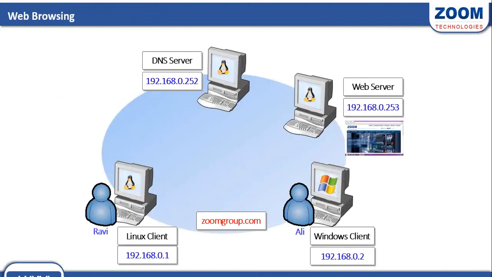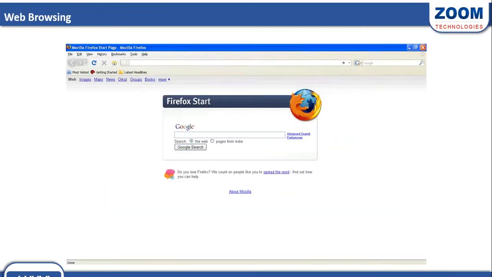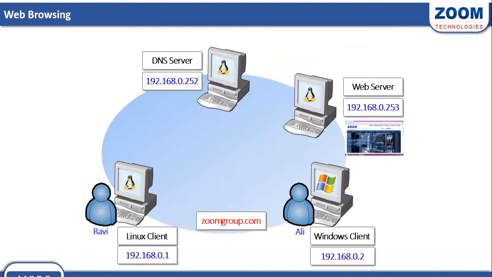In this presentation, I have one DNS server, one web server, and two clients, one Linux and one Windows. One of my clients from the network is trying to browse a website. The client opens the web browser and gives the website name in the URL. Once the client puts this request, it comes to DNS.